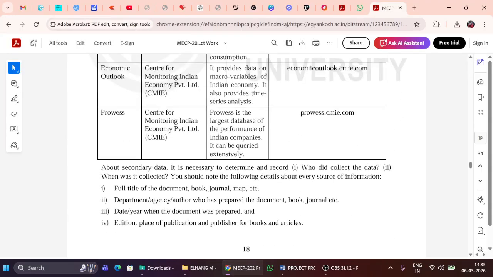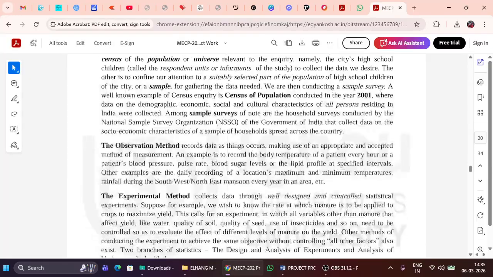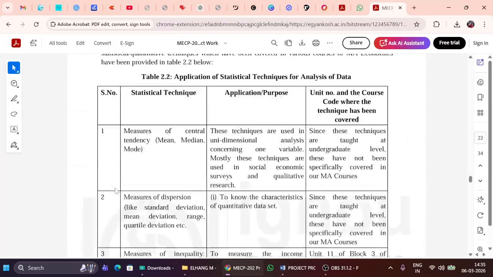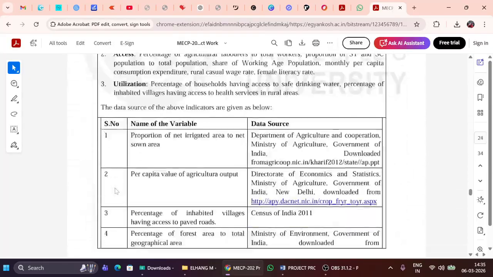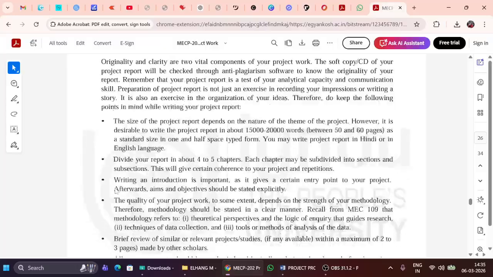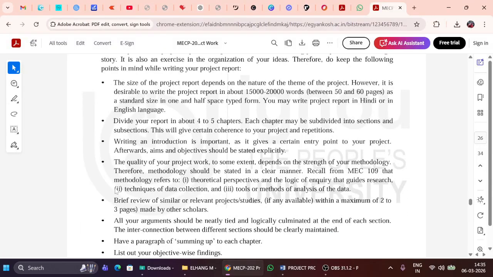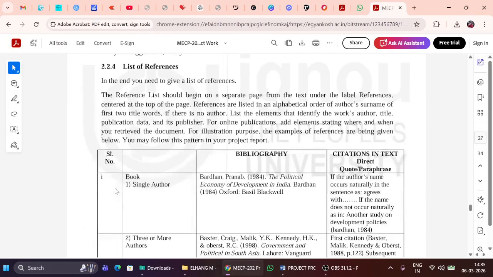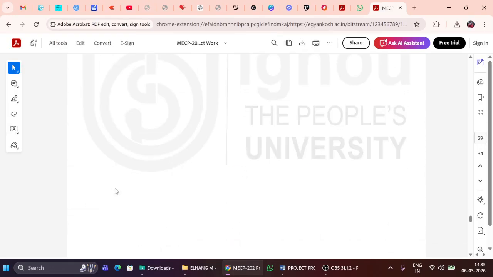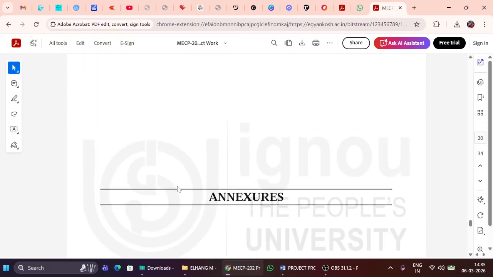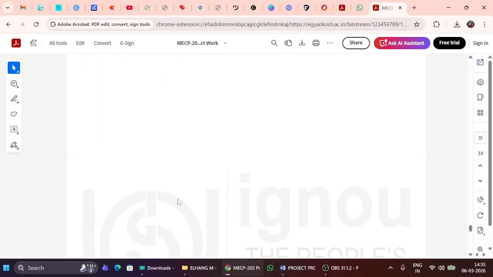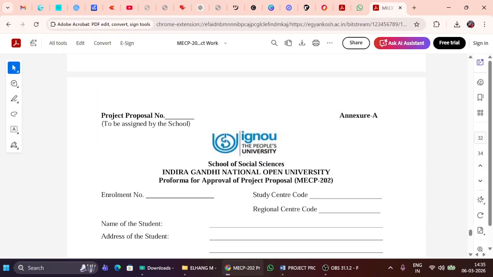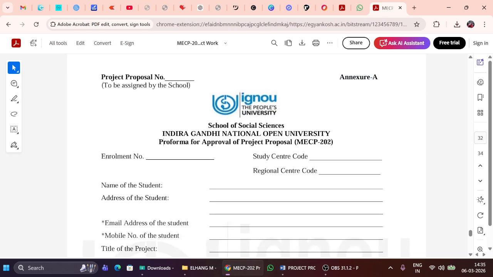Now, okay, primary survey. So in this particular guideline, there are some annexures also given. Okay, so I'm gonna take you there. List of references. Okay, see, in the annexures, the first, annexure A, is about the proforma for approval of project proposal, MECP 202.